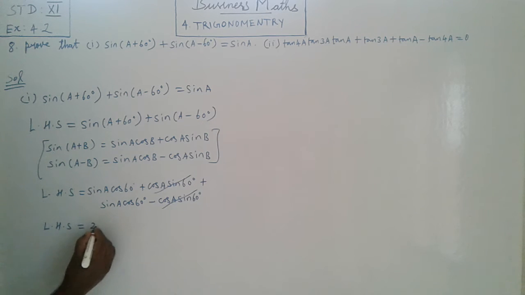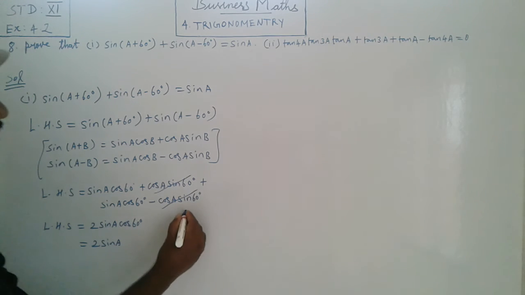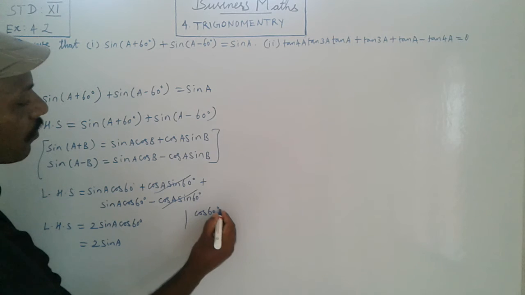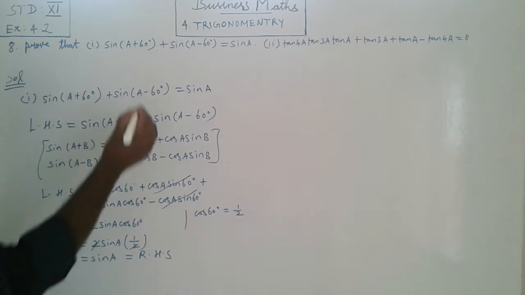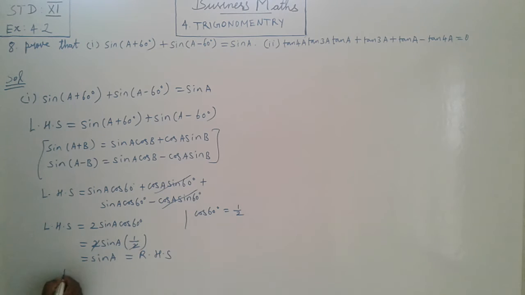What is here: 2 sin a cos 60 degrees, and cos 60 equals 1 by 2. So the 2 cancels, giving sin a, which equals RHS. LHS equals RHS. Hence proved.